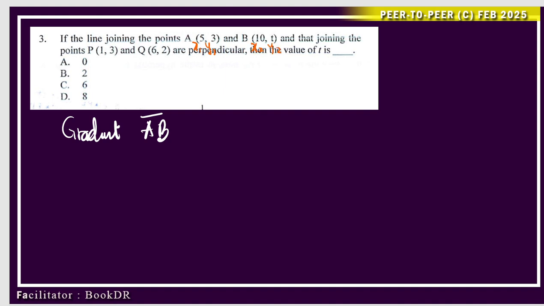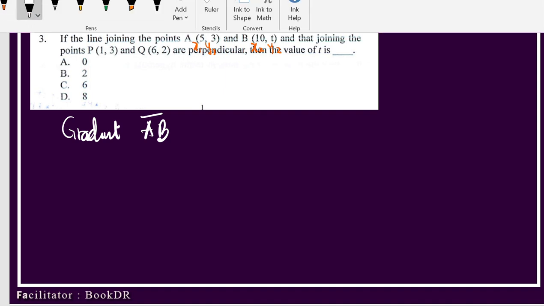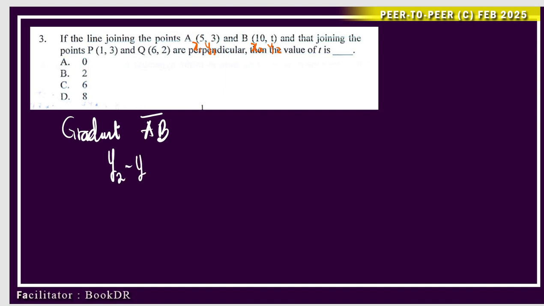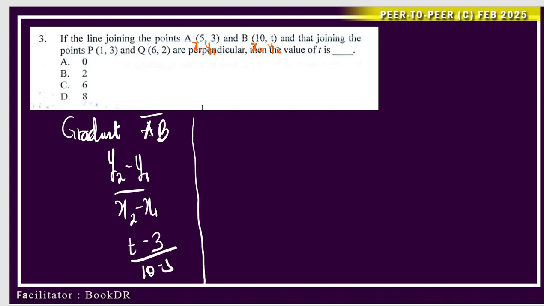Good. And we know the gradient formula. It is y2 minus y1, or changing y over changing x. So substituting the values, we'll have t minus 3 on 10 minus 5. And this will yield t minus 3 on 5.